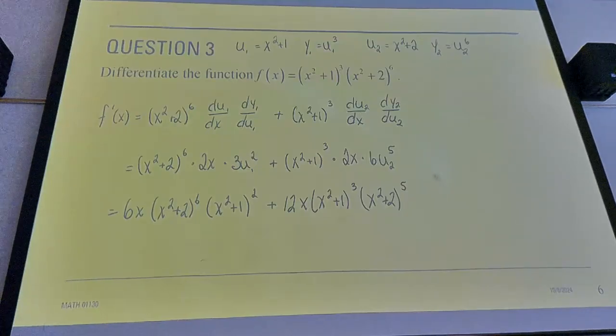Now, typically what we do here is we will factor it. So go term by term. GCF of 6 and 12. Man, this one's easy. 6. This one might be a little difficult. GCF of x and x.